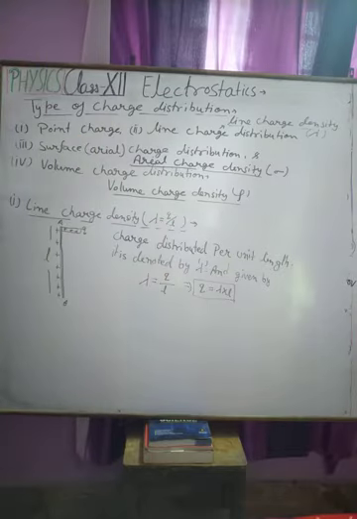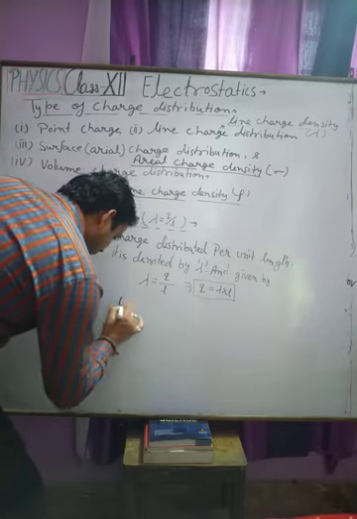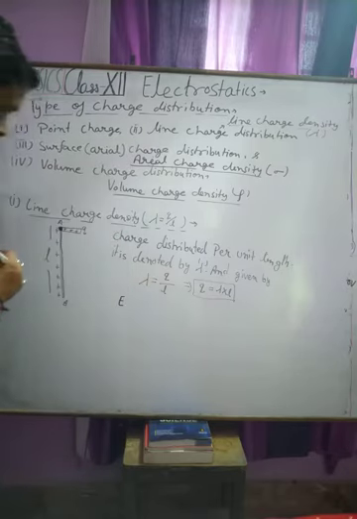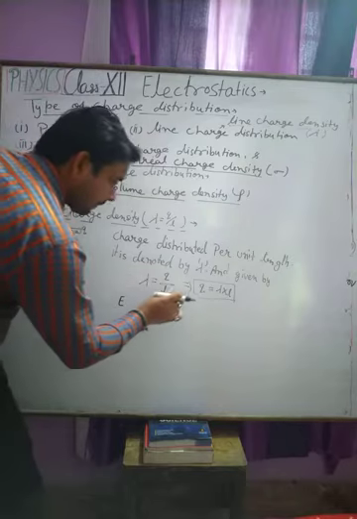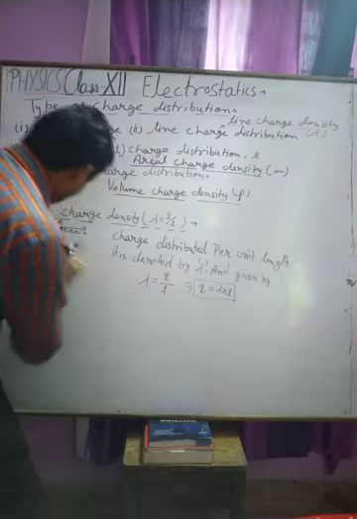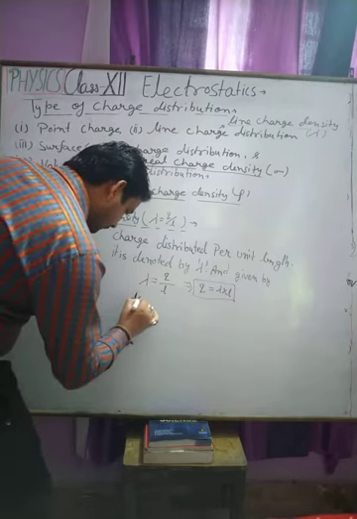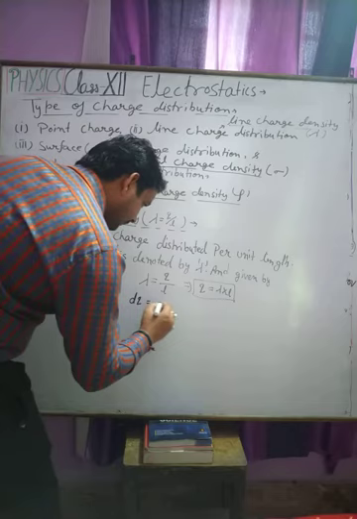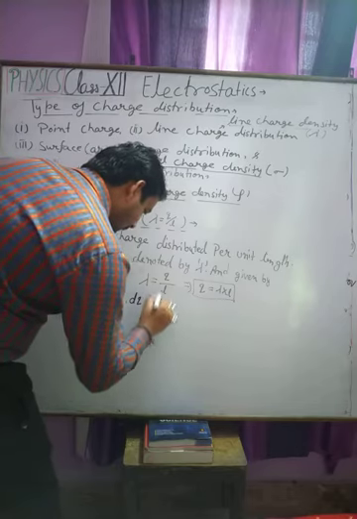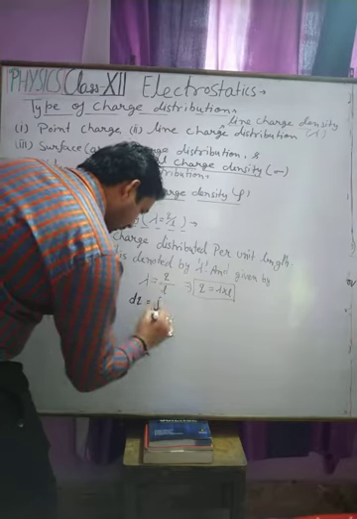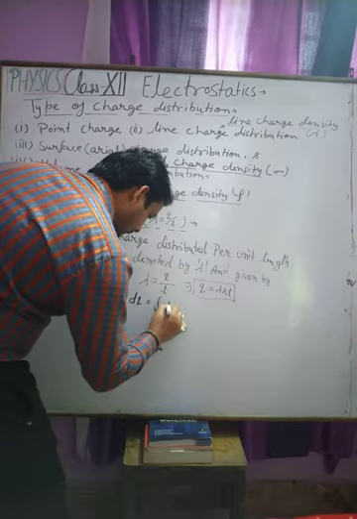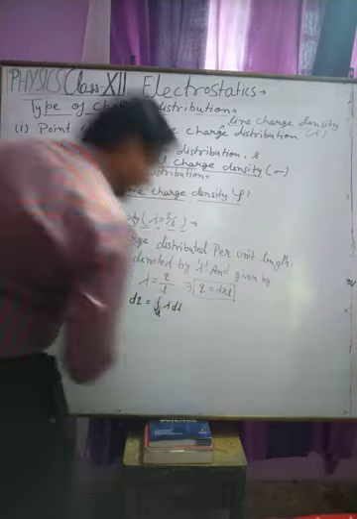Okay, student. Now, if we want to calculate the electric field due to the whole line or due to the small length particle dl, therefore this electric field due to the small charge dq is given by integration of lambda dl.